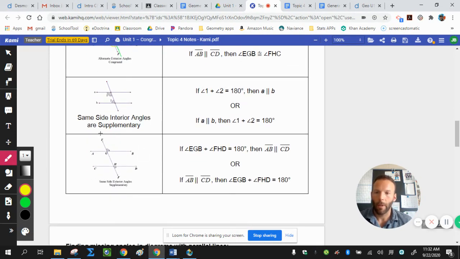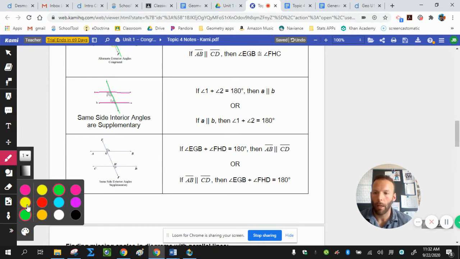On the other hand, the same side interior and exterior angles are when you have your lines that are parallel and you have your transversal, then this angle 1 is certainly not congruent to this angle 2. They are not the same measure, but they are supplementary. These angles are supplementary, which you remember means if you add them together, the sum of the angles is 180.